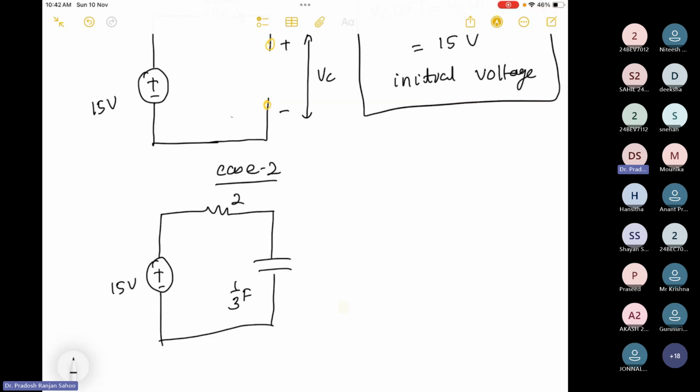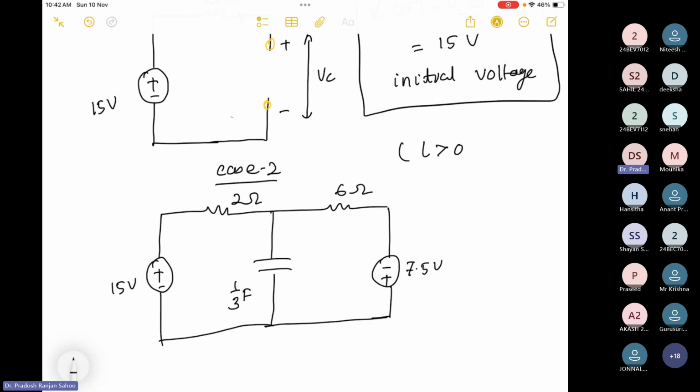This is 2 ohms. This is 6 ohms. This is minus and plus 7.5 volt. This is t greater than 0.